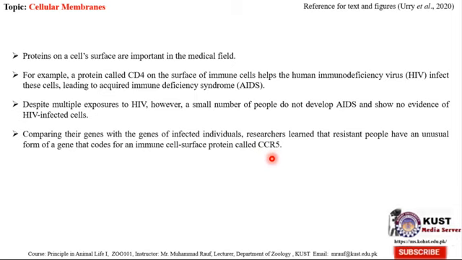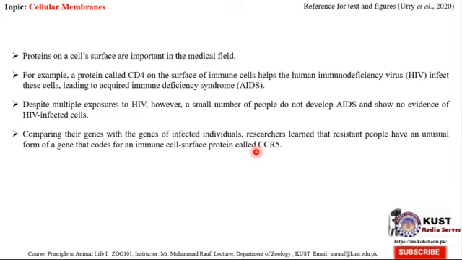CCR5 stands for CC chemokine receptor type 5. So this is a co-receptor: the virus needs to attach not only with CD4 but also with CCR5 properly. Only then it will be provided entry to the cell.